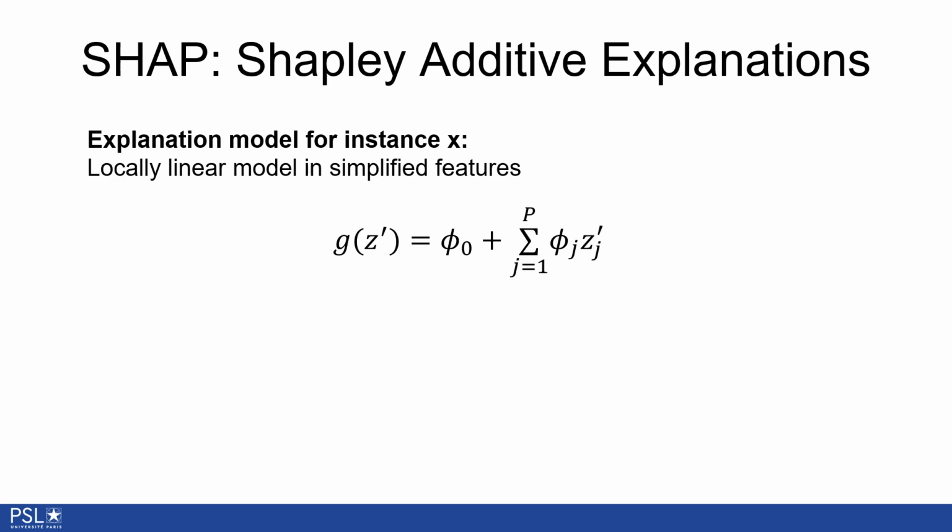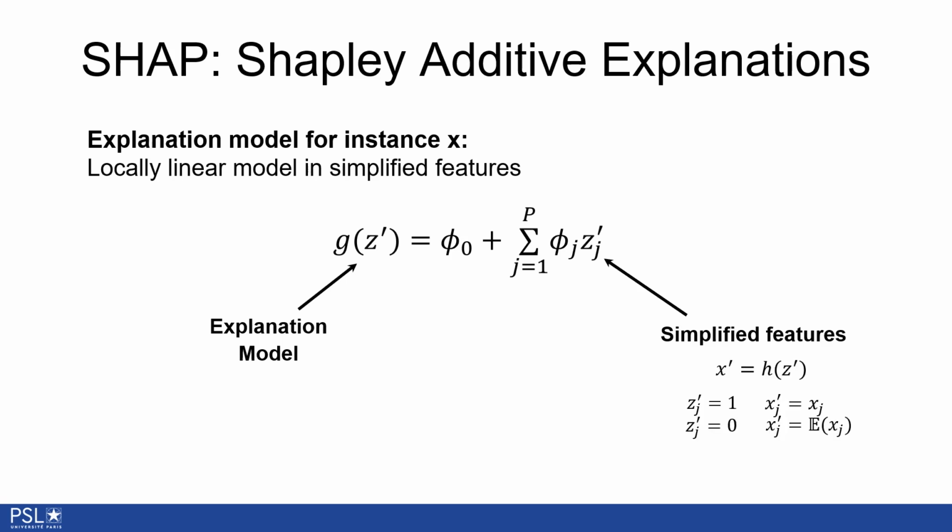More specifically, starting from a specific instance X that we want to explain, SHAP generates a locally linear model that acts on simplified features. So the output of SHAP is a linear explanation model g on a set of simplified features z', which are defined by a mapping onto the original features x'.